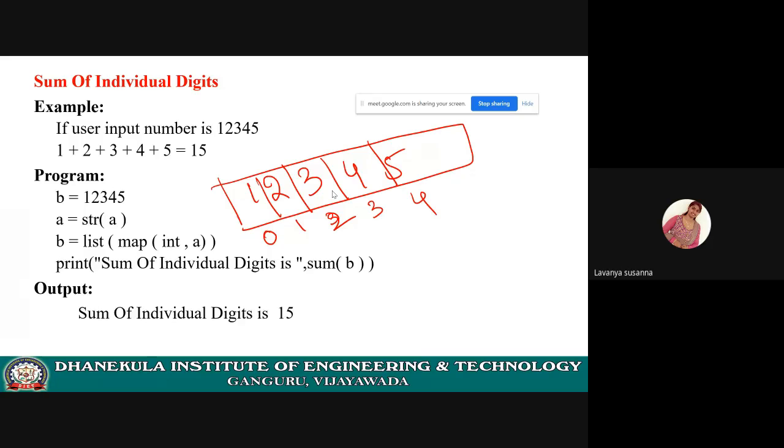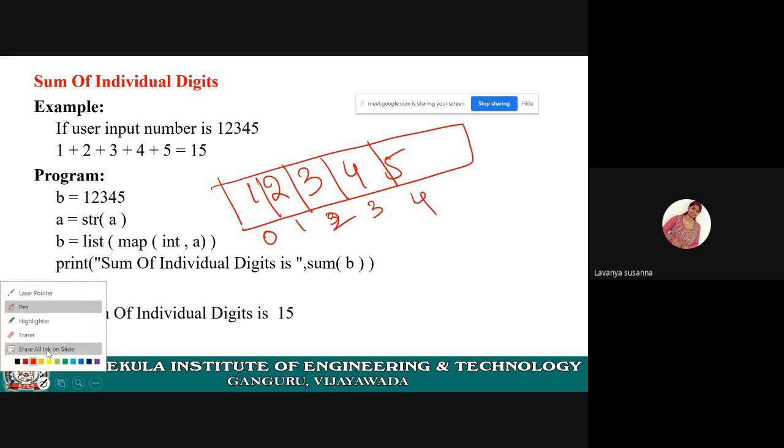You know that in a string you can access individual characters by using slicing, right? Here 1 is considered a character, 2 is a character, 3, 4 and 5 are each a character. Now you can access individual digits if you have converted this integer into a string. How to convert it? You need to use the str function.